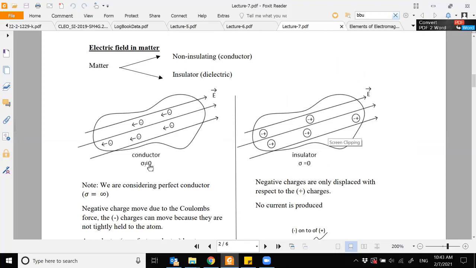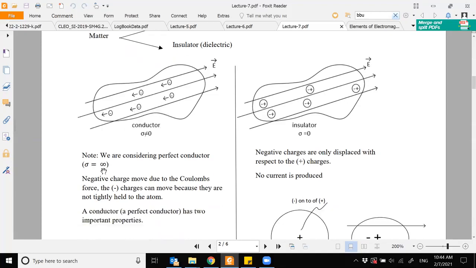Remember here, sigma in our course is called conductivity. We know very well that for conductors the conductivity should be very, very high, but for insulators it has to be very, very low. The explanations I gave you are for the ideal cases. The ideal cases mean a perfect conductor, where conductivity is infinite, and a perfect insulator, where conductivity is 0.